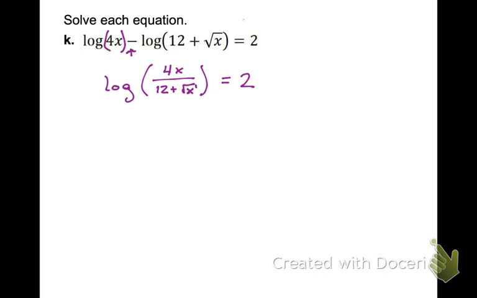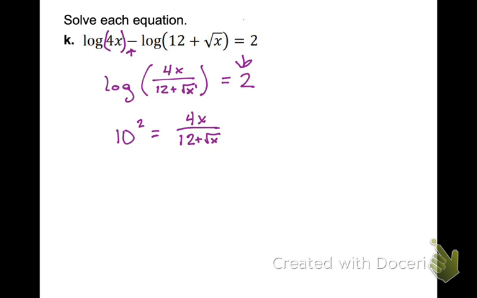Okay, so negative means to subtract, yes? Okay, now I'm stuck. So what's my base? 10 to the what? 2. Equals 4x over 12 plus the square root of x. I better start writing smaller because I've got more steps.